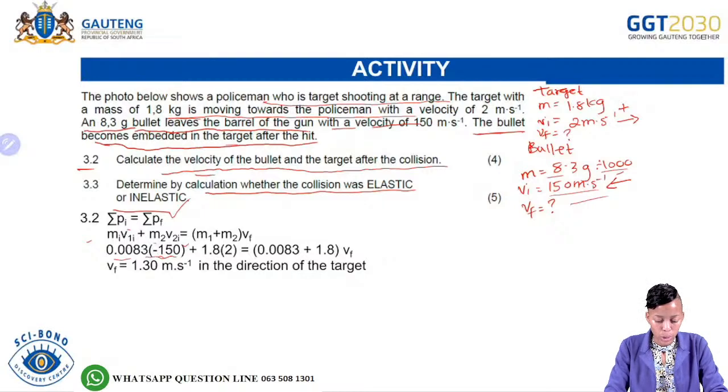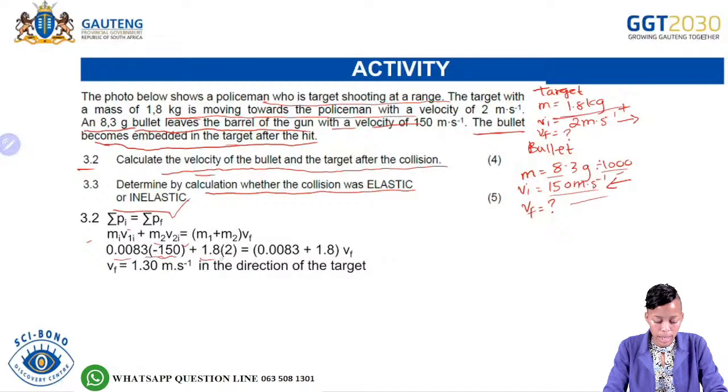Then we move on to the mass of the target. The mass of the target was already 1,8 kilograms, so we are not going to convert it again, because we only convert if we are given a mass in grams or any other unit. This mass is in kilograms, so we write it as it is.